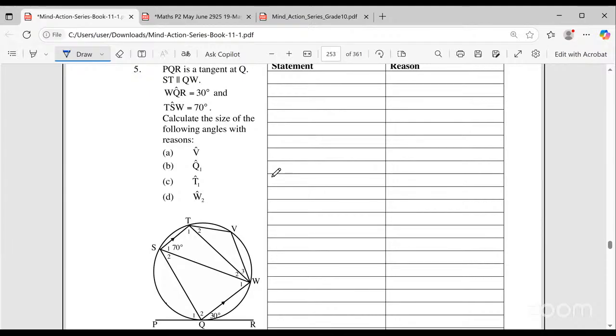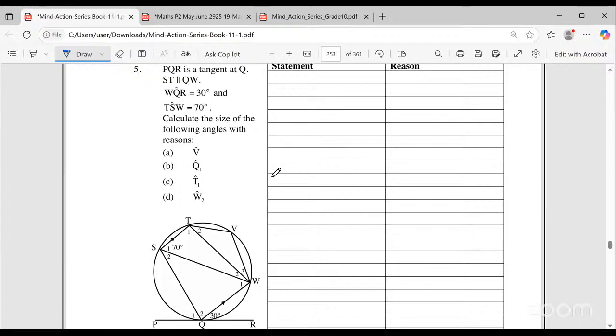WQR is equal to 30 degrees. Okay, where is 30? WQR. Oh man, that is an angle between the tangent and the chord. Wow, okay. And then we have TSW as 70 degrees. Okay, we can use that.